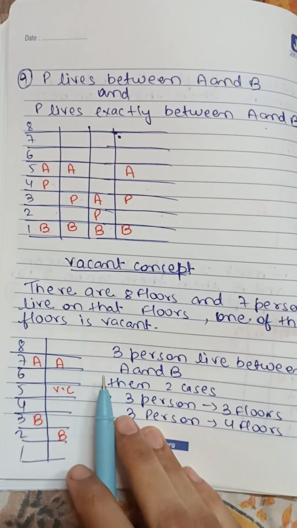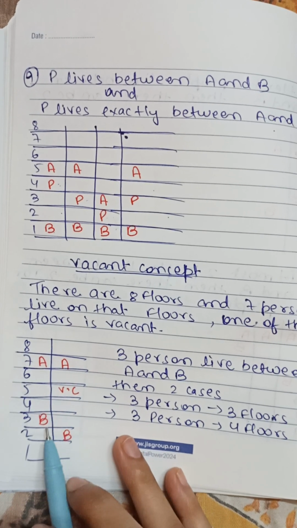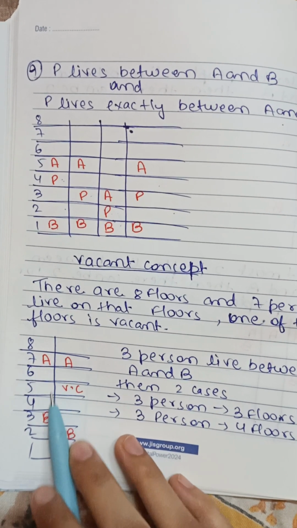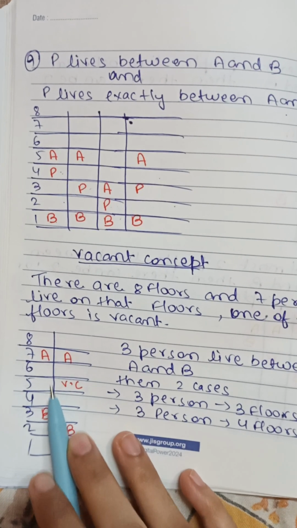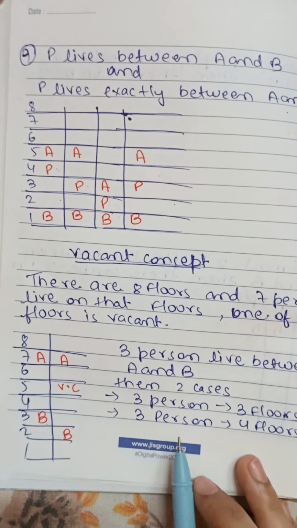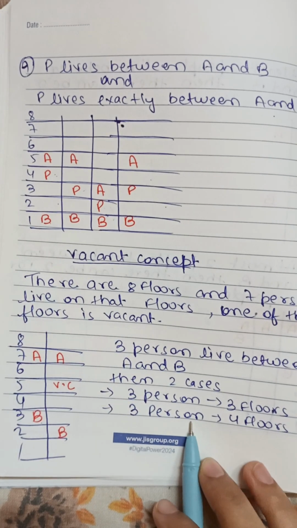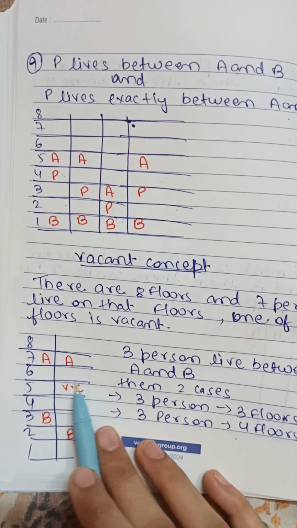Means there can be a possibility that there will be 3 persons between A and B, all the floors are filled. There is no vacant floor between A and B. This is one condition. And the second condition can be 3 persons, 4 floors. Means there can be 1 vacant floor.